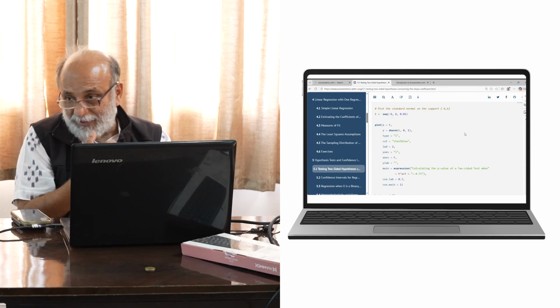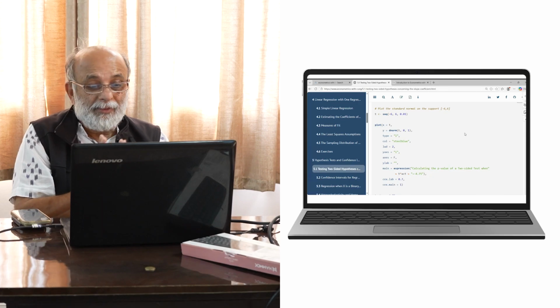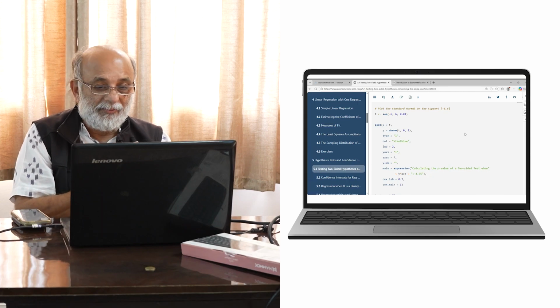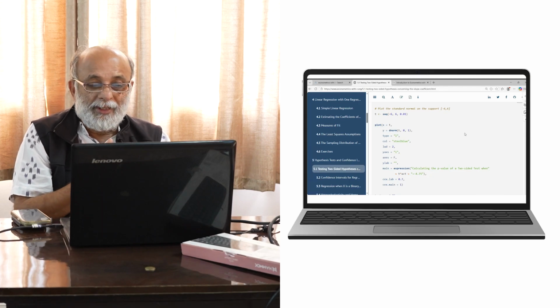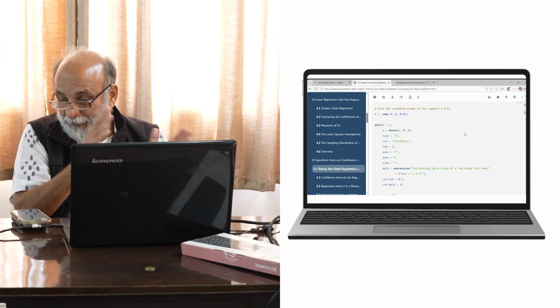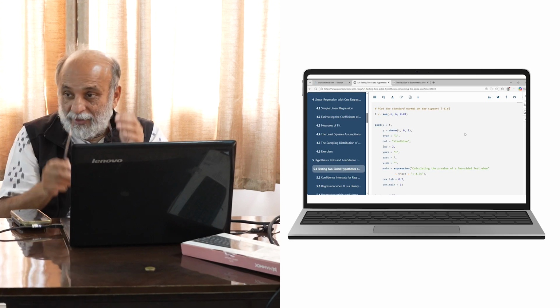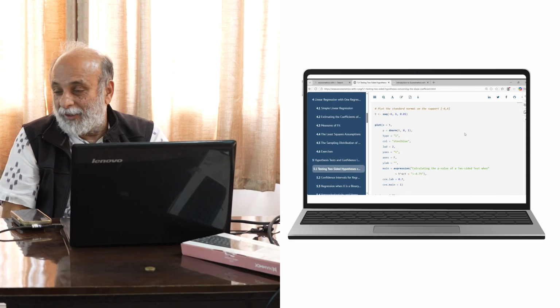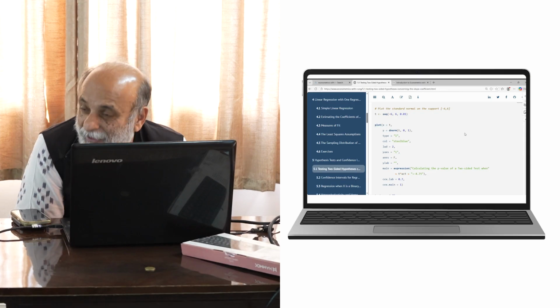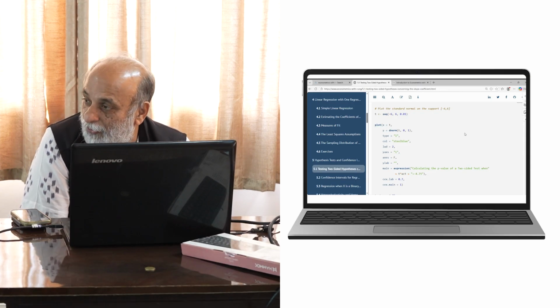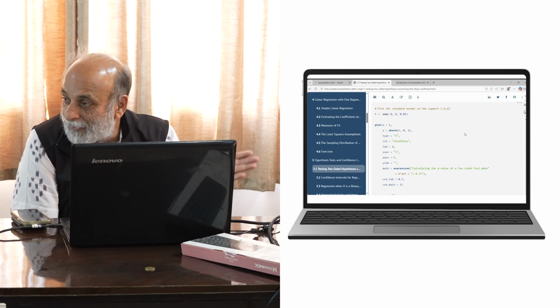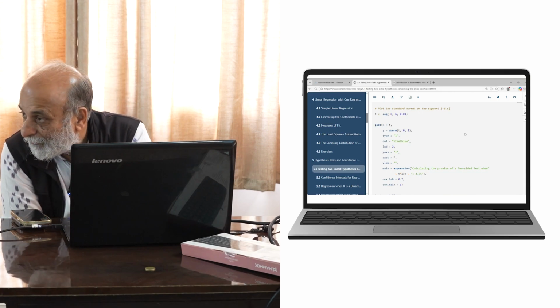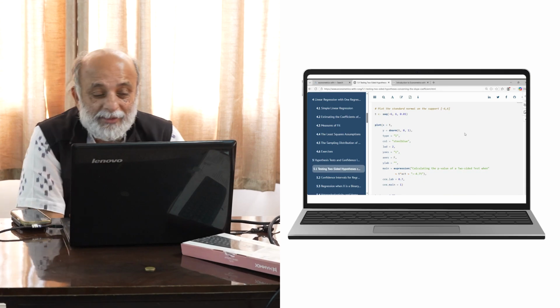So first generate the t distribution between minus 6 and plus 6. You create a sequence from minus 6 to plus 6 at every 0.01 step, so basically 0.01, 0.02 like that. So first create a t sequence.